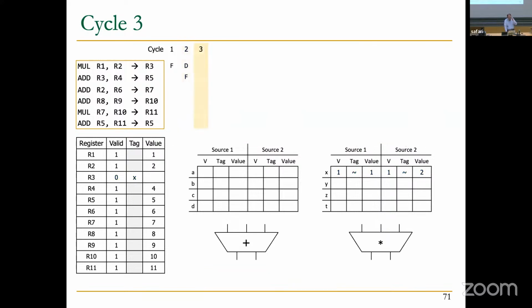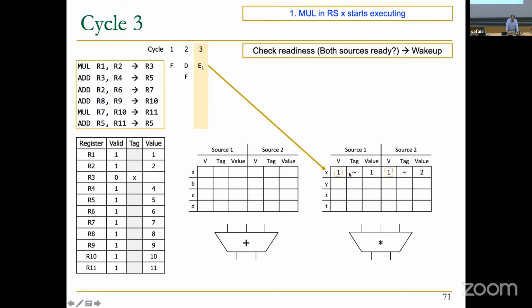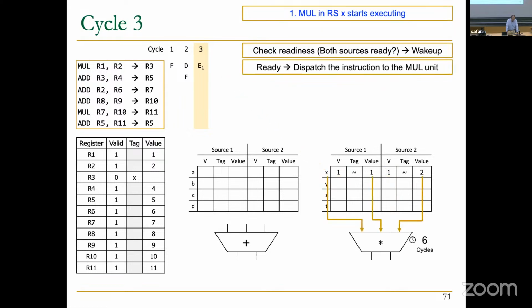Okay, now let's go to the third cycle. The multiplication, since both sources are ready, can happily get started. Since everything is ready, we dispatch and start execution. For the second instruction, we are in the decode step, this addition.